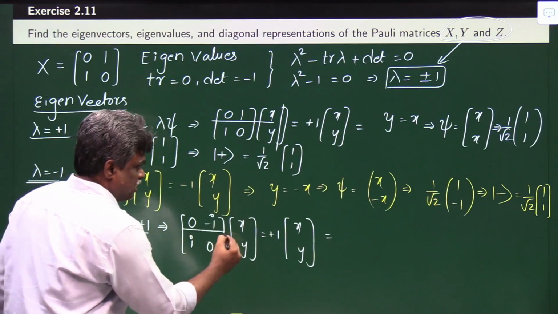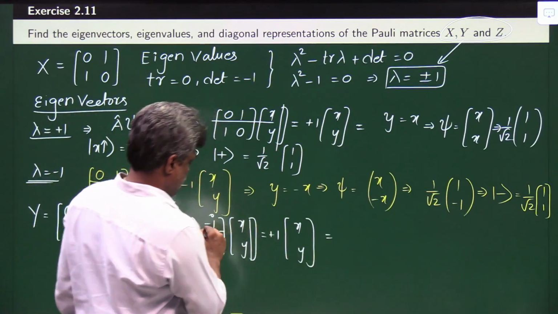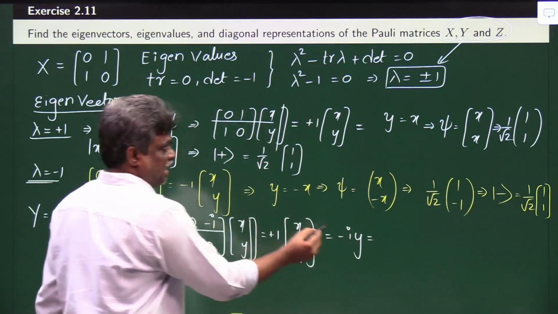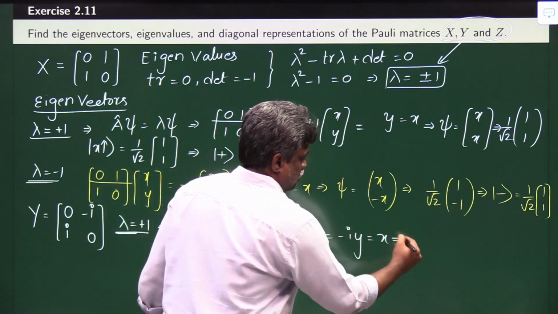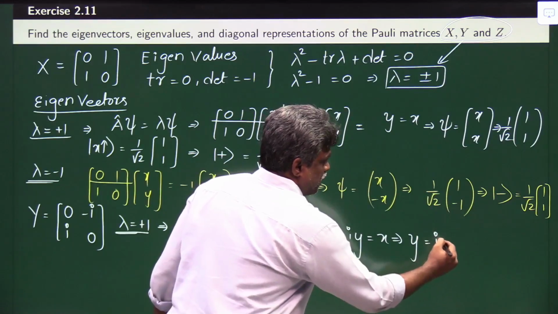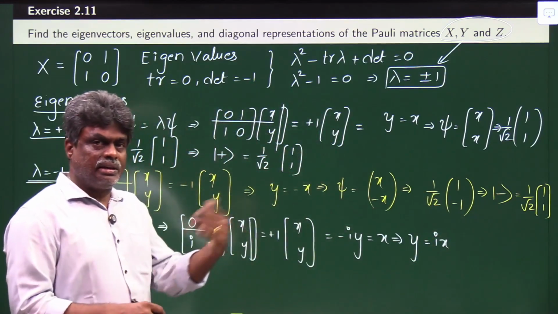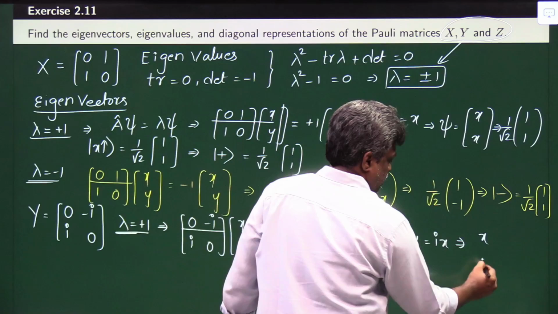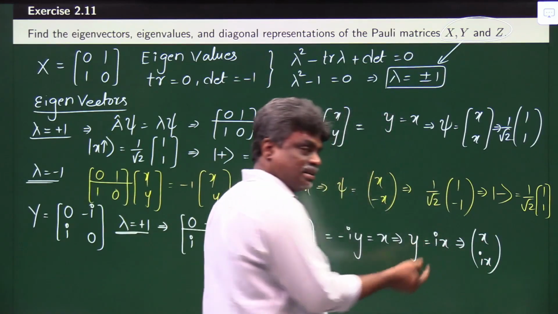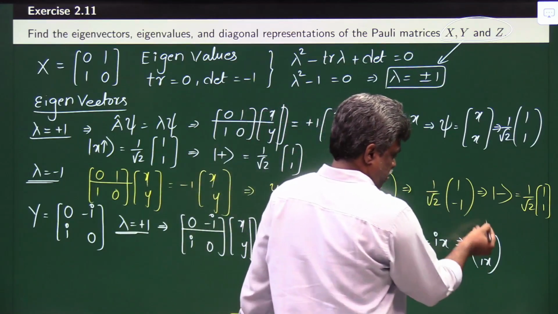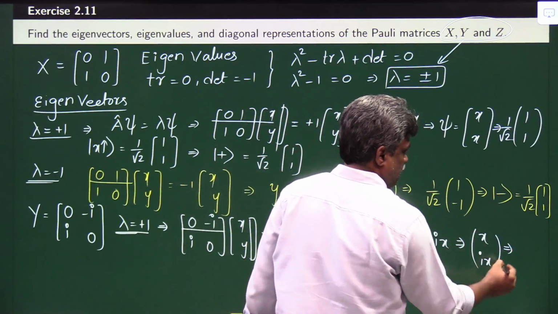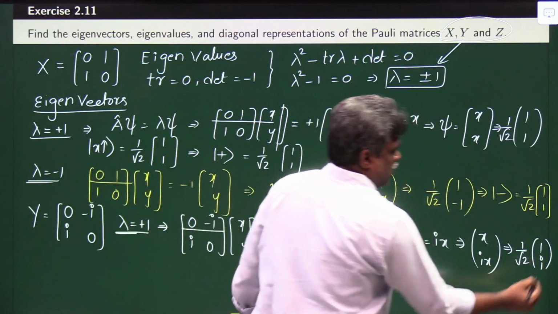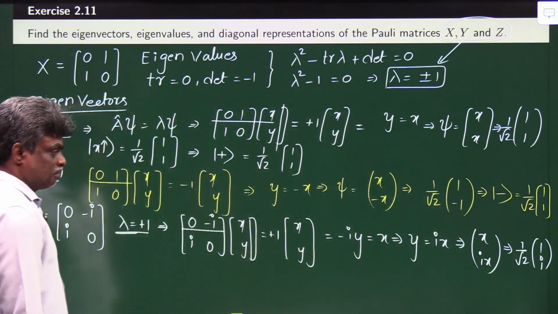Now just multiply this row and column, we will get minus i y equals x, which implies y is equal to i x. Always find y in terms of x, that's better. Now my eigenvector becomes (x, i x), because y is equal to i x. Now take the least integer for x, with 1 over root 2, we can take (1, i). That means I have taken x equal to 1.